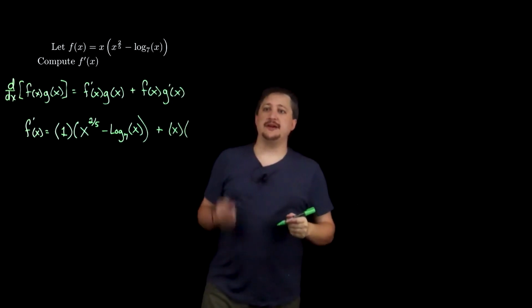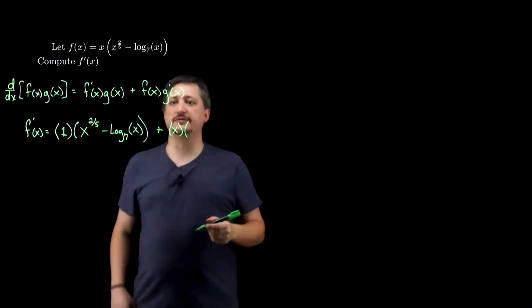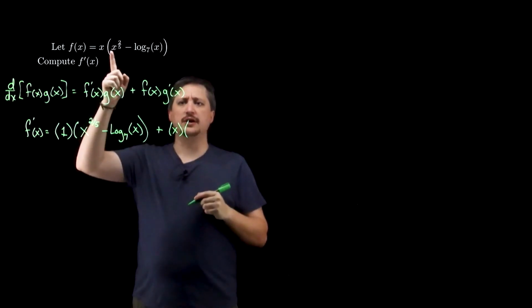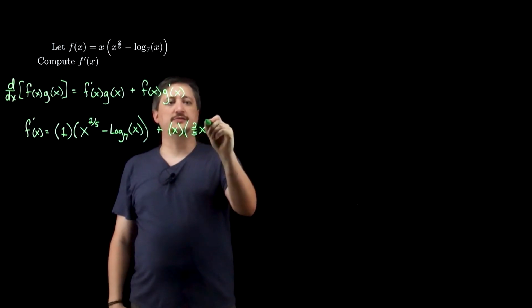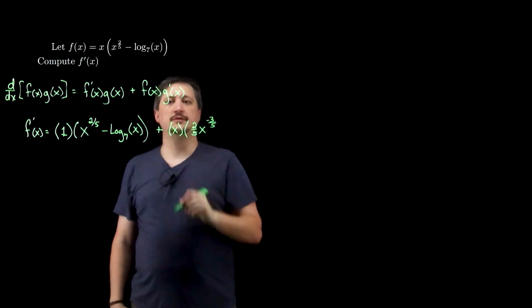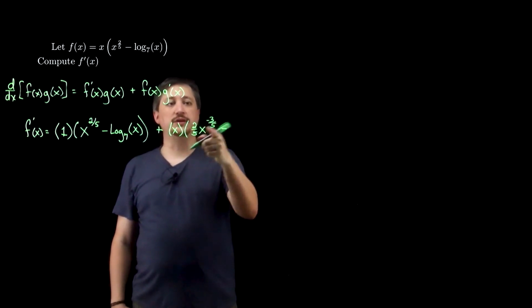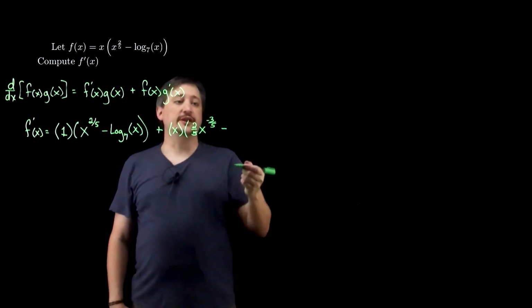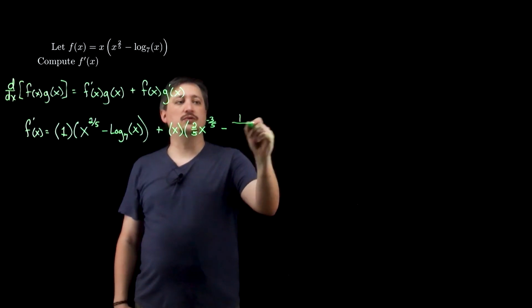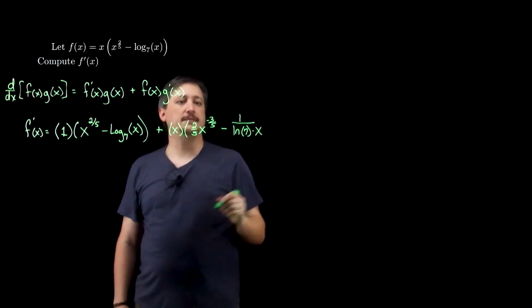So now I'm taking the derivative of x to the 2/5 minus log base 7 of x. So x to the 2/5 is going to be 2/5 x to the minus 3/5, since that brought it down and subtracted 1, which got me negative 3/5. Minus, then I'm going to have 1 over the natural log of the base, so natural log of 7, times x, times the inside.